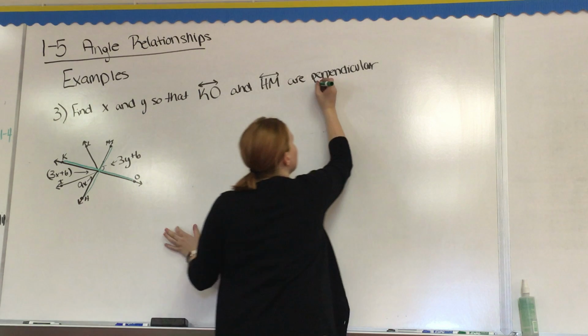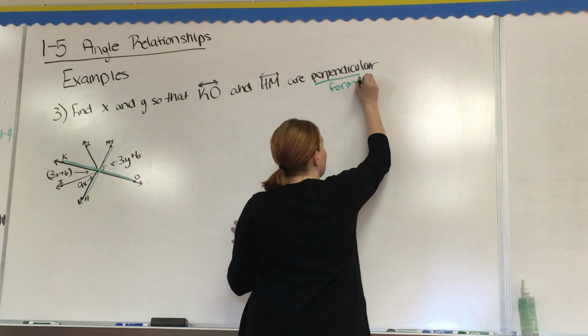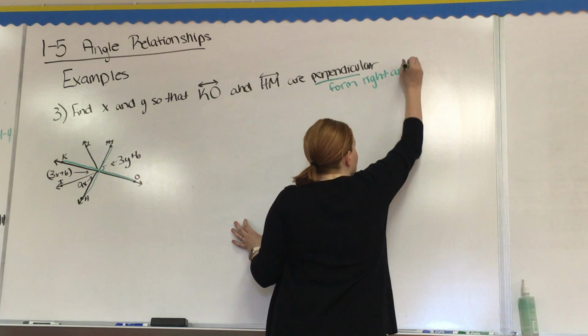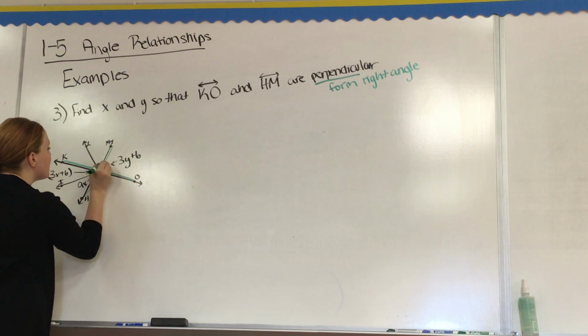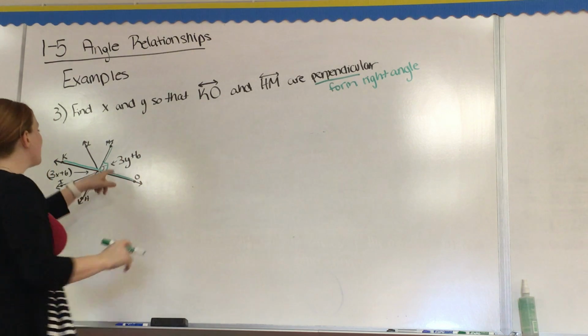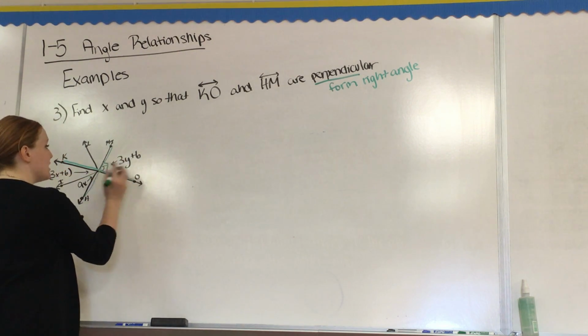What does perpendicular mean? Forming a right angle, right? Okay, so they form a right angle, so I'm going to draw this in. What's a right angle measure? 90 degrees. So, right over here we know that this has to equal 90 degrees.